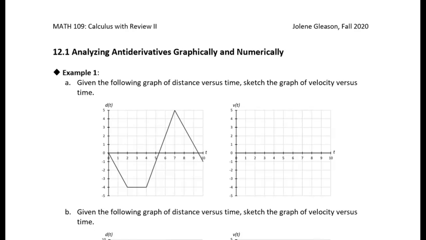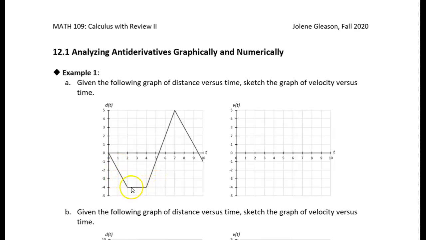All right, so in this example, in part A, we're just given a graph of distance or displacement versus time, and we're asked to graph the velocity. Remember, the velocity is the rate of change of displacement over time. So what I need to do is look at the slope of this curve.